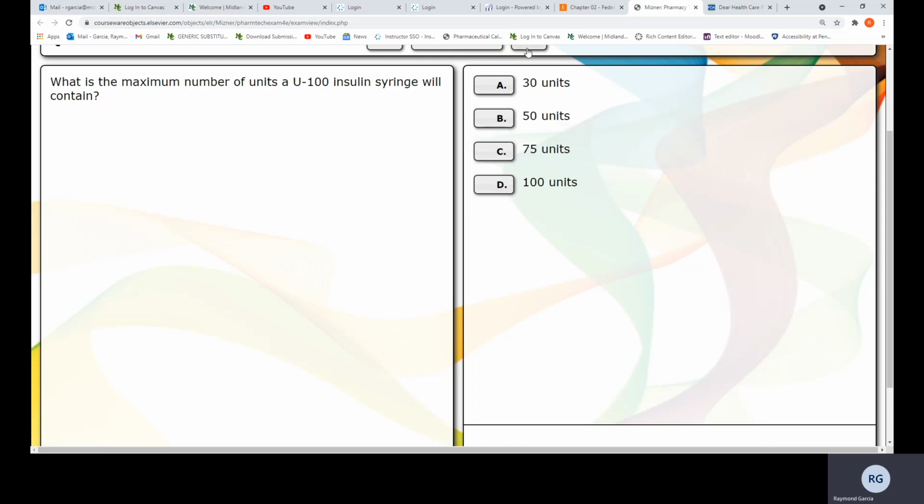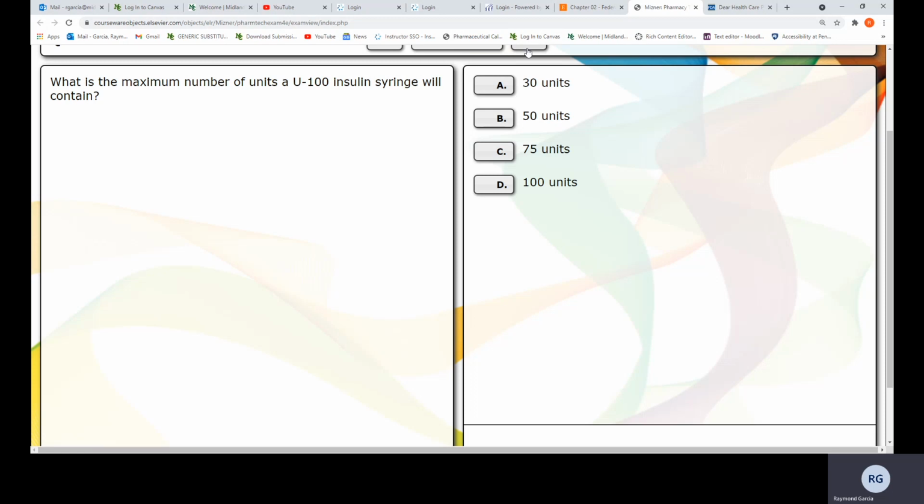What is the maximum number of units a U100 insulin syringe will contain? I could say that an insulin syringe is 1 mL, and it's 100 units per mL.